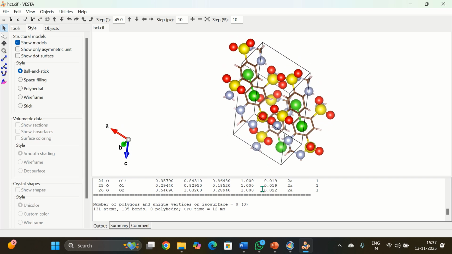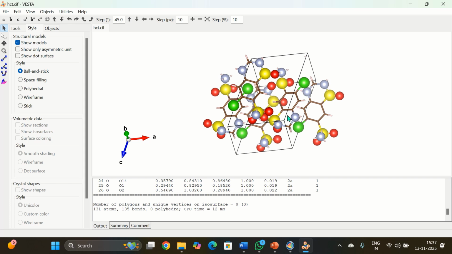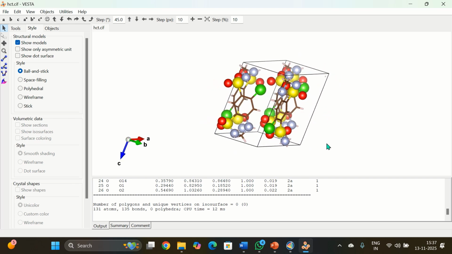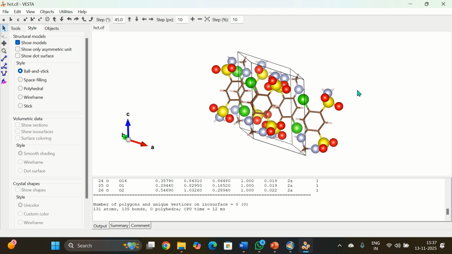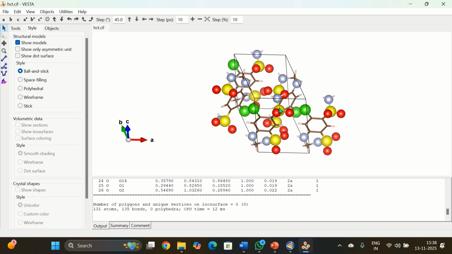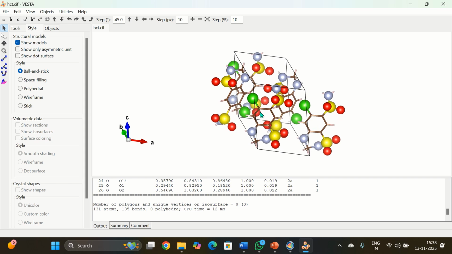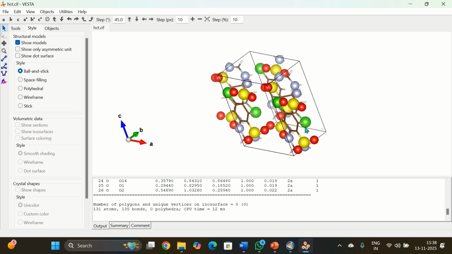So this is the arrangement of the molecules inside the unit cell. We can see it closely, with red being the oxygen atom, the grey ones being the nitrogen atom, yellow one sulfur atom, and the brown ones are carbon atom, with the white one being hydrogen atom.